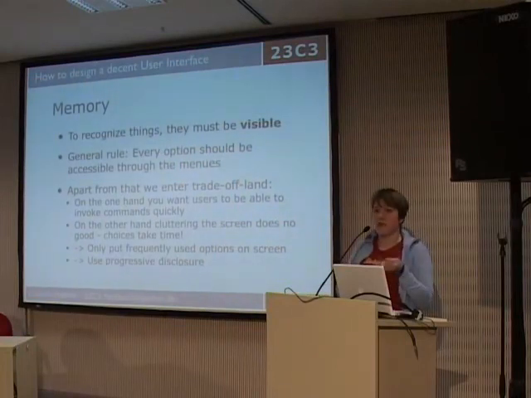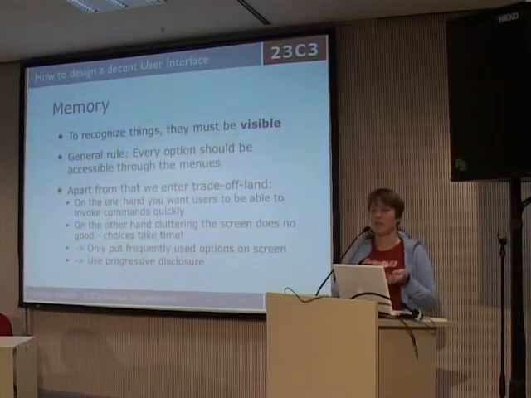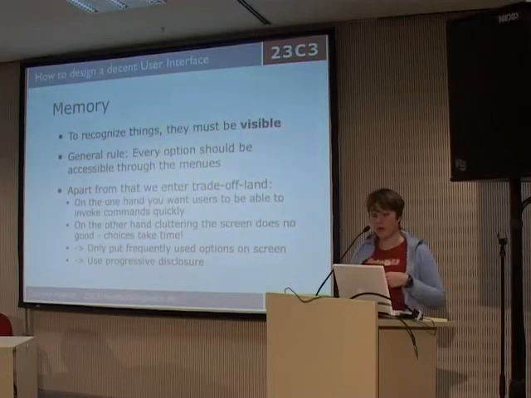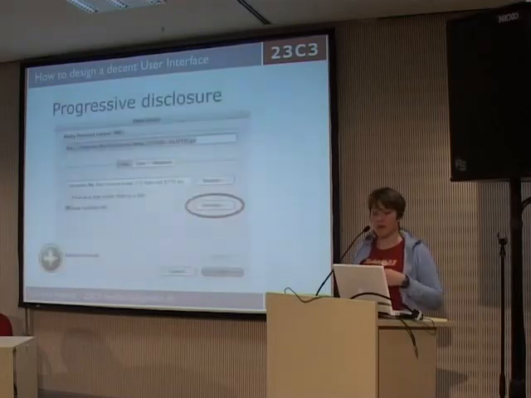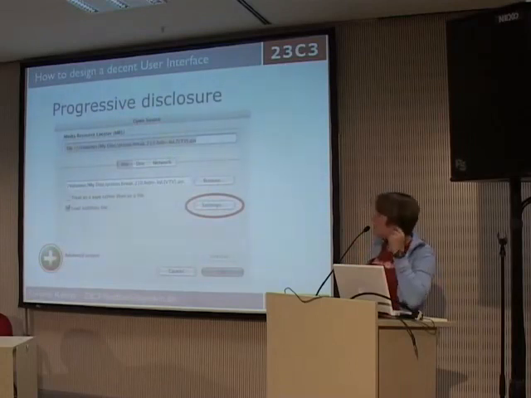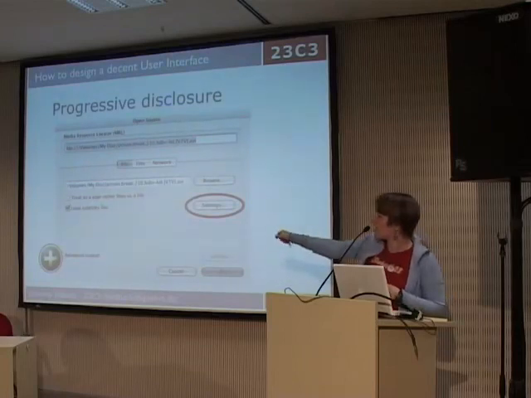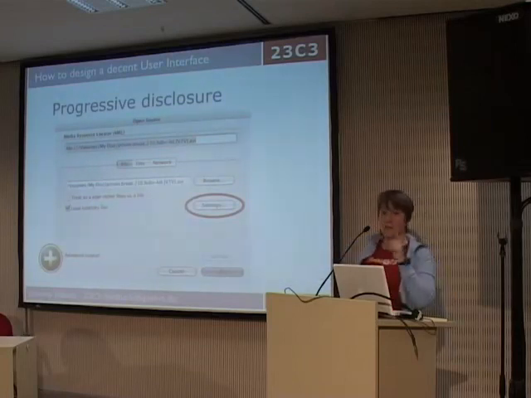The rule of thumb is that you should only put the most frequently used items into a toolbar or something like that. And then there's also a technique called progressive disclosure, which you can also employ successfully. I've got an example. This is from VLC, a media player or video player. Before you check the load subtitles file option, the settings are grayed out.